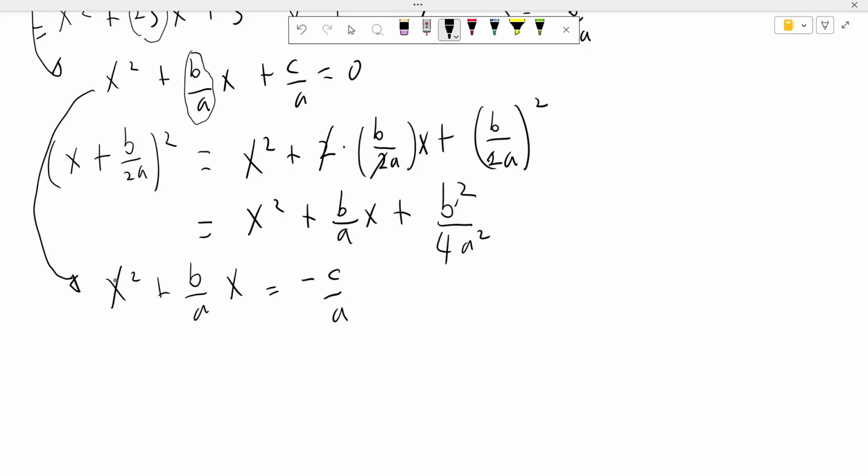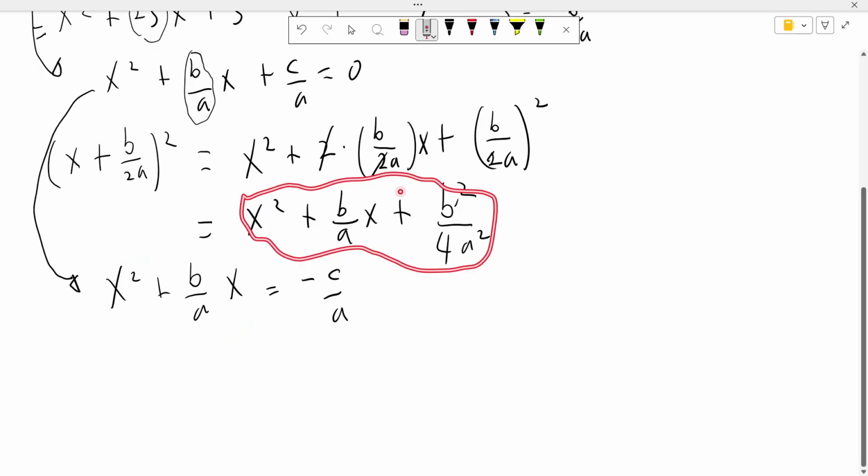Now to get this looking the same as this, what can you do?